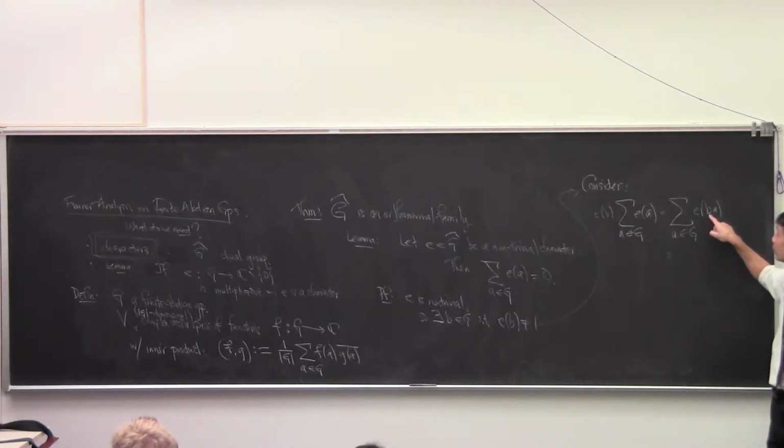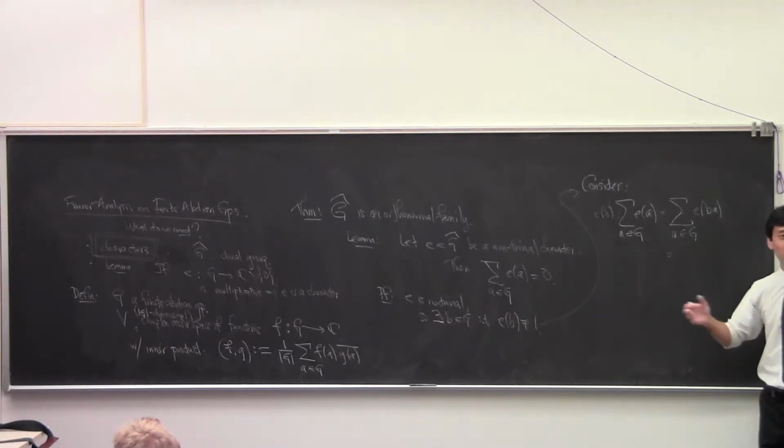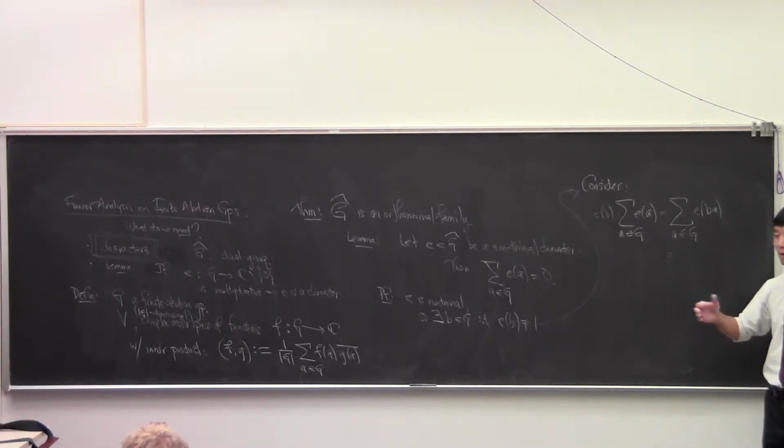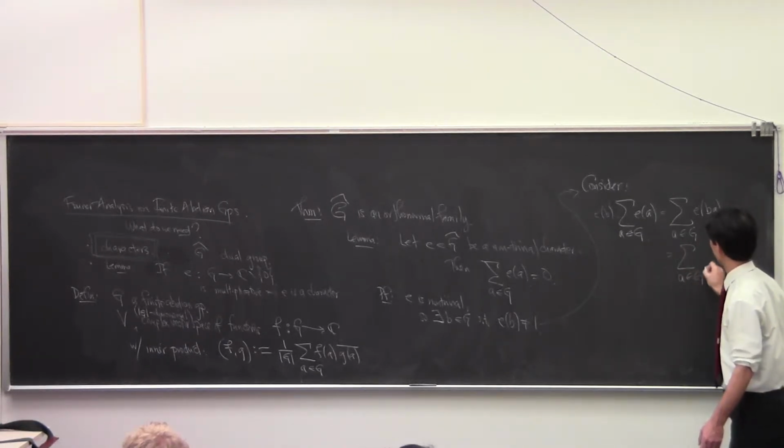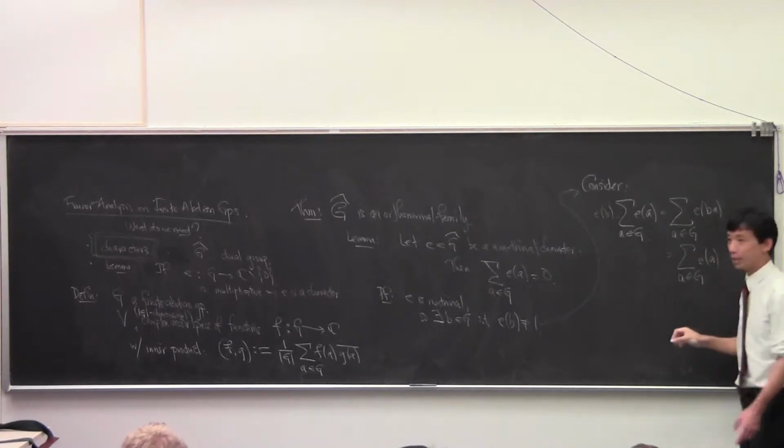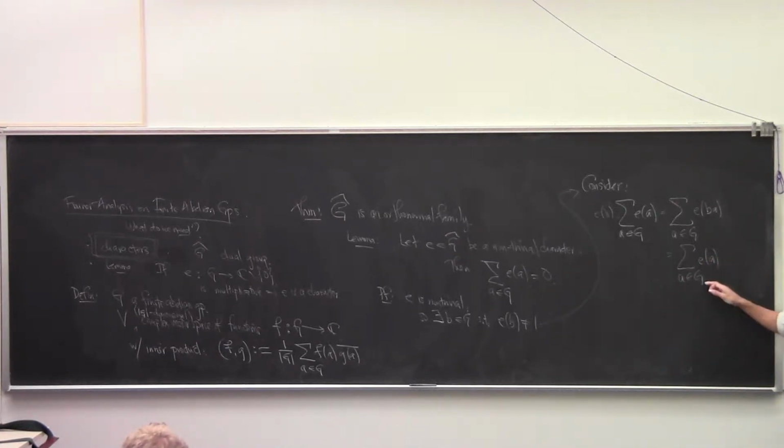Because multiplying by B creates a one-to-one map on your group. You can invert it just by multiplying by B inverse. So it's a one-to-one map, and so we get the same thing as if we just took the sum of the whole group again.